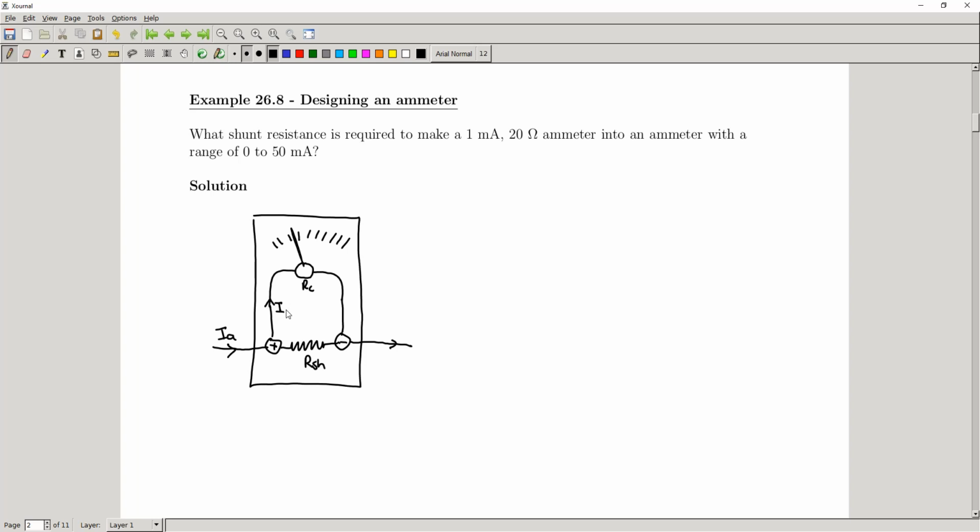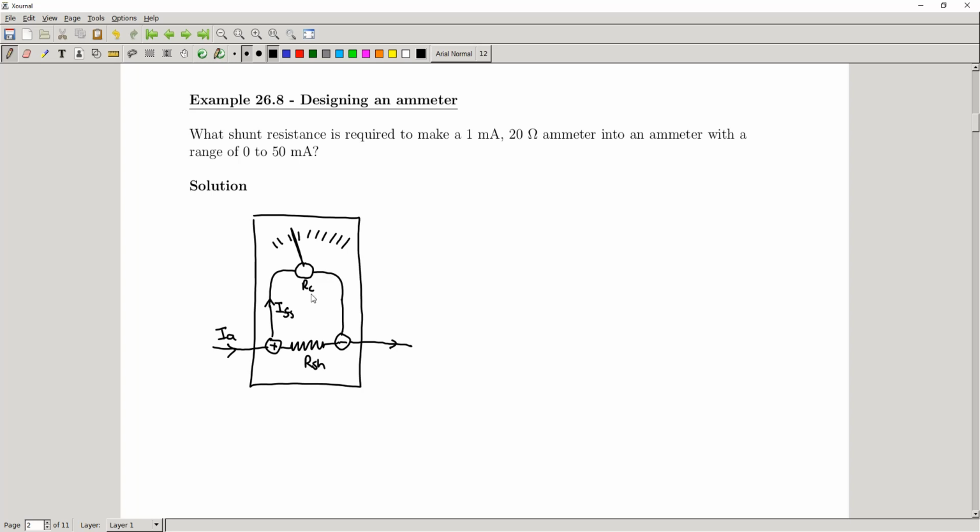This is going to be IFS. This is I full scale. Okay, so we need exactly I full scale. We need exactly the current coming up here that's going to push our needle to exactly this full scale reading on the right. And so we need enough of IA to be bled off down our shunt, so that it's not going through our needle here, right?